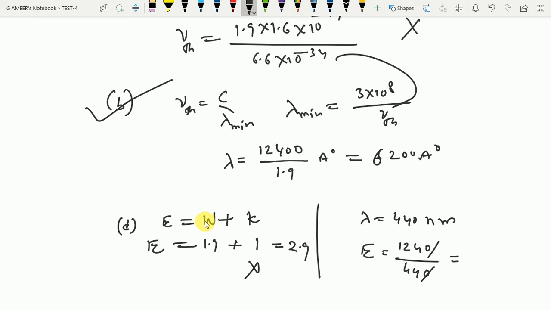Doing it with the calculator, it is coming as 2.8, so 2.8 electron volts.